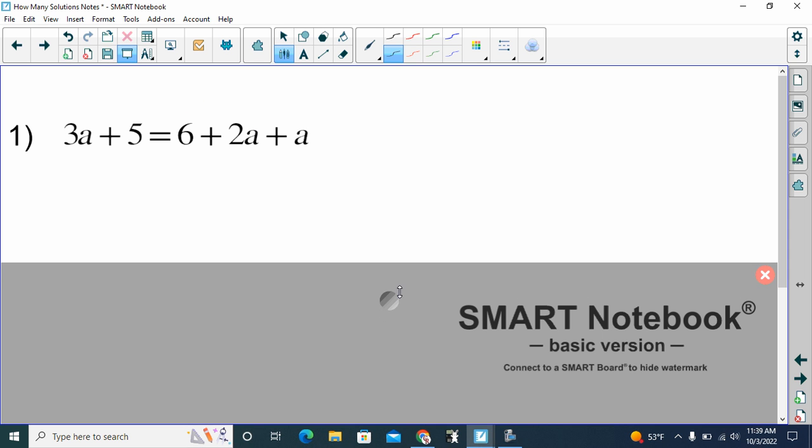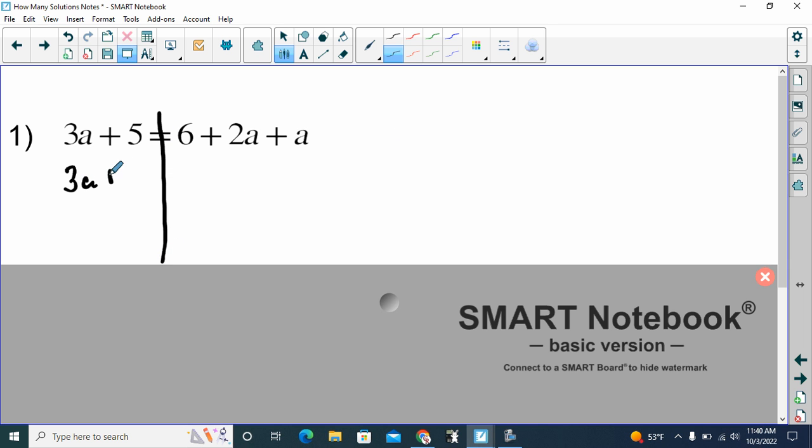Let's try a few more here. Number 1 on this one says 3a plus 5 equals 6 plus 2a plus a. Start by combining like terms.